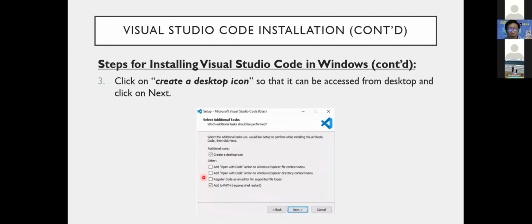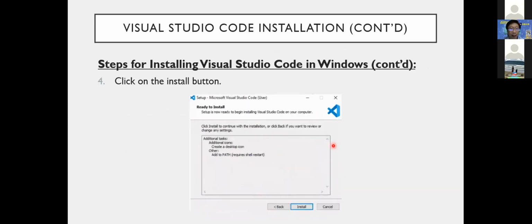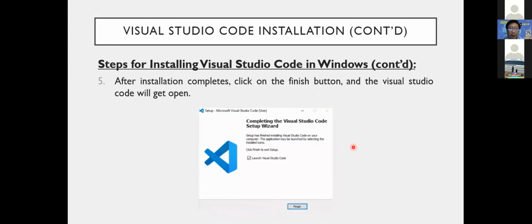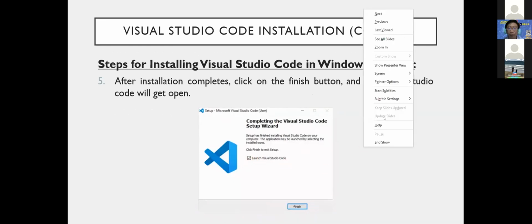The other 3 checkboxes, I'll just leave unchecked. That is my normal practice. Then in this screen, there's nothing, so just click the install button to install it. And that's it. Once you've finished installing, you can check the launch Visual Studio Code checkbox to launch it.